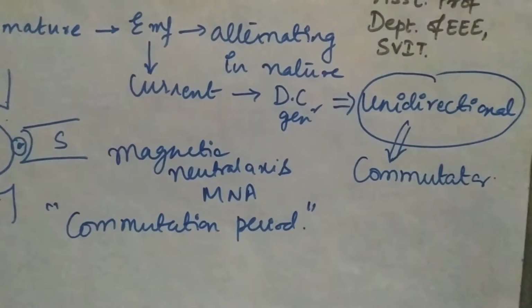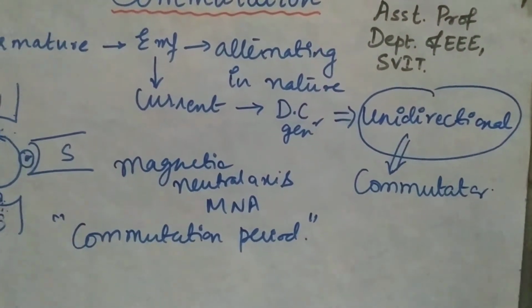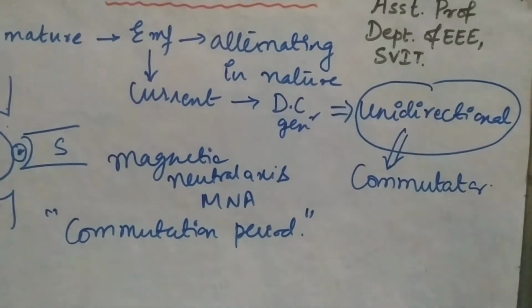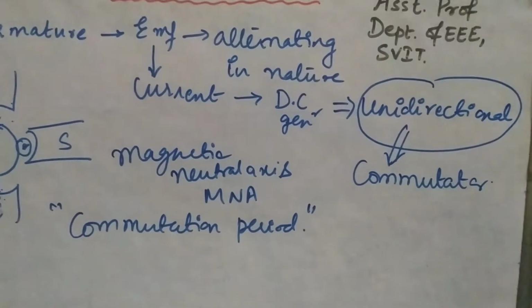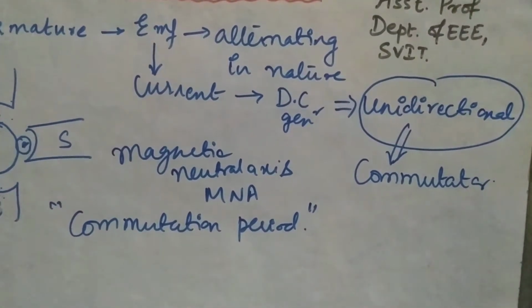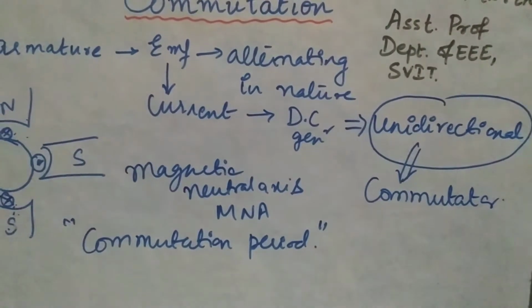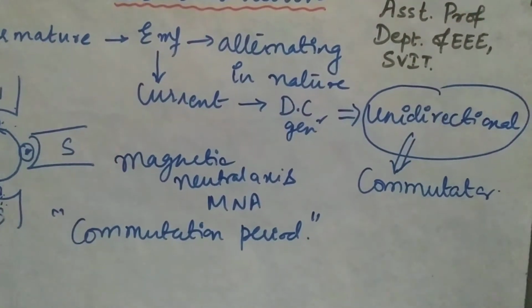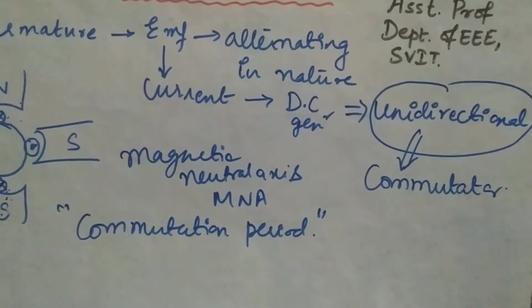That process is called commutation. The short period of time taken to reverse the polarity from one direction to another is called the commutation period. Now let us discuss this in detail.